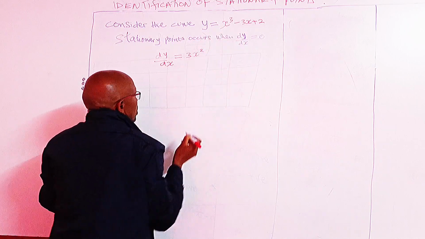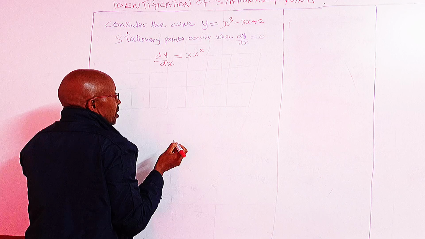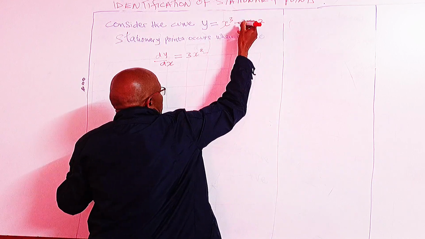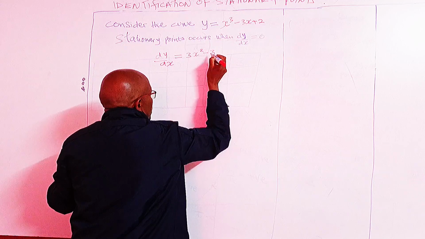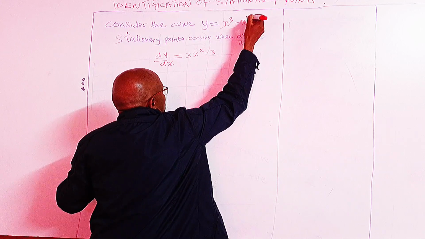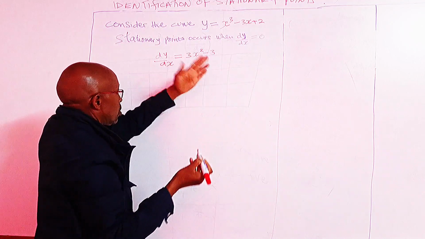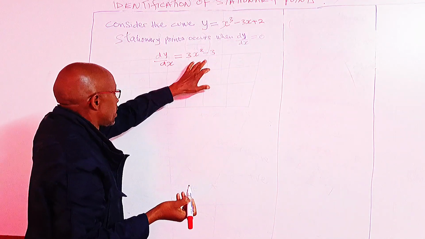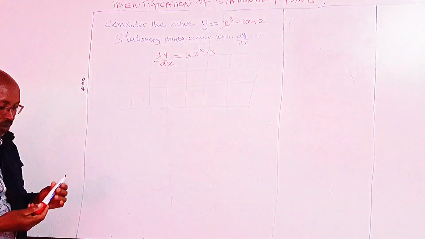So we'll have 3x squared, minus the power of x, which is 1, multiplied by the coefficient of x, which is 3. We reduce the power of x by 1, so it will be 1 minus 1, which is 0. So our x disappears. So we'll have 3x squared minus 3.